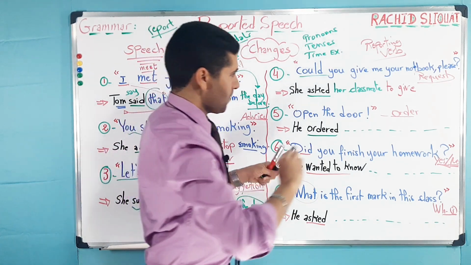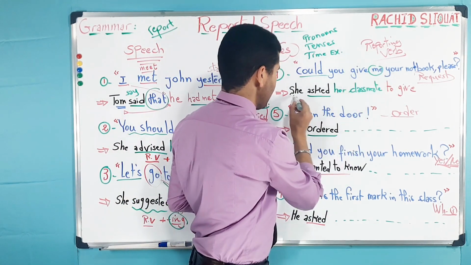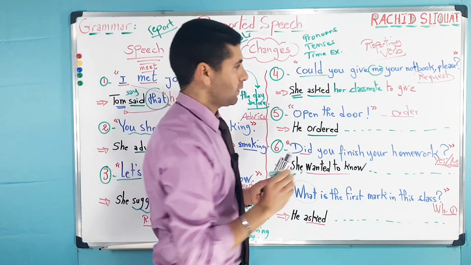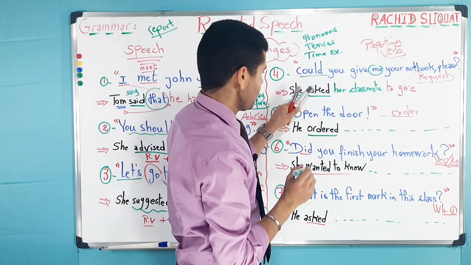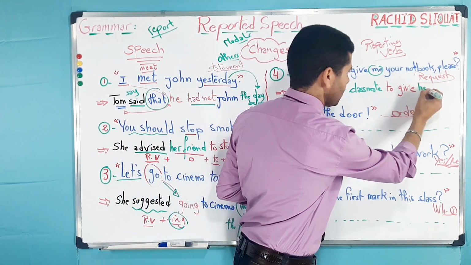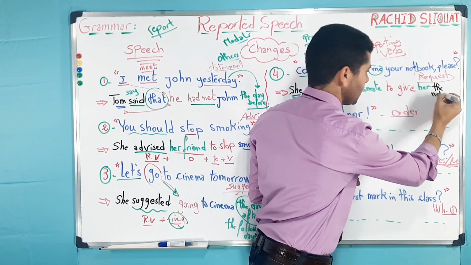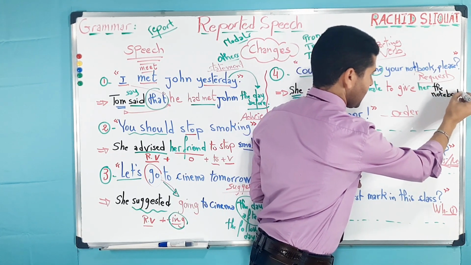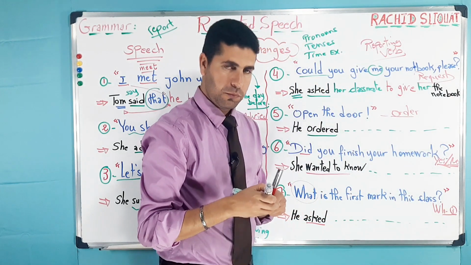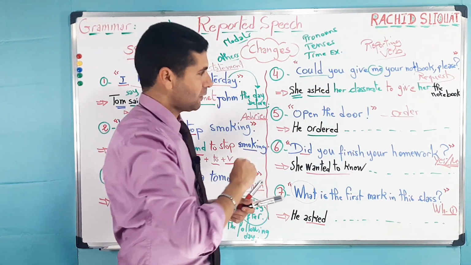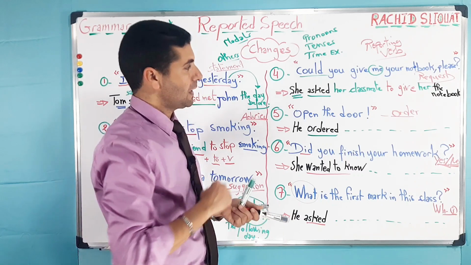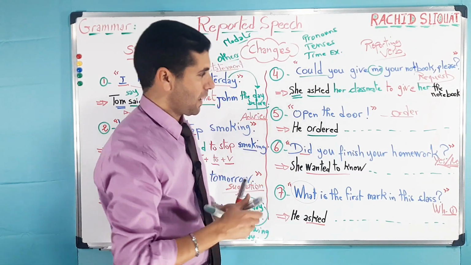Look, here we have me and here we have she. So very simply, to give her. Why? Because here we have she. To give her the notebook. Or to give her his or her notebook, as I said.